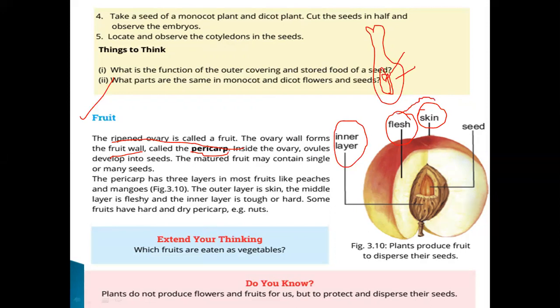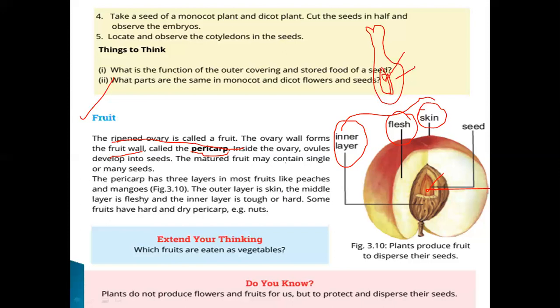So these 3 collectively form the pericarp. The outer skin is the peel, the flesh is very juicy, which is the extract of the fruits, and we eat it and make milkshakes and smoothies. And the inner layer is very tough and is around the seed present inside it, which is actually the ovule. So that tough inner layer is for the protection of the seed.